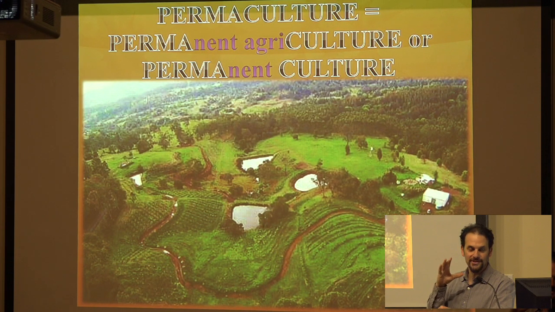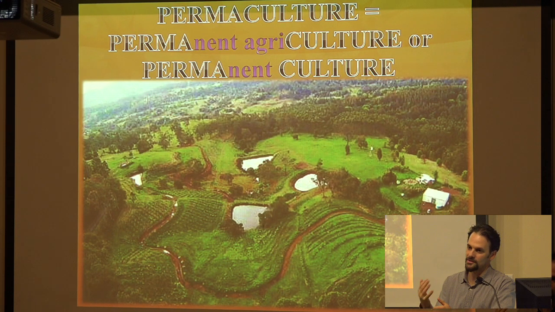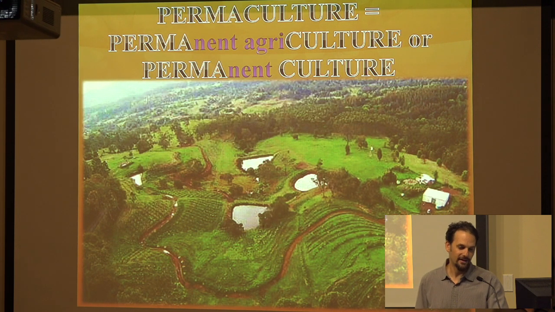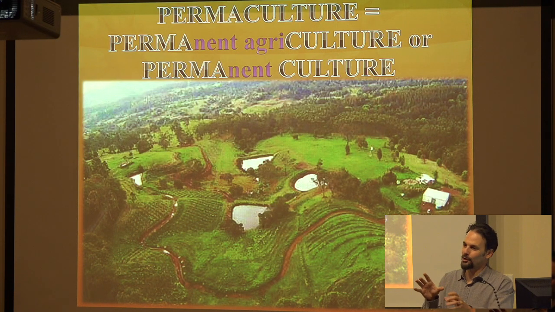So at first, permaculture was seen as a solution to the agricultural issue, the ephemeral nature of an agriculture that depletes its resources by nature of its operation. But as time went on and the permanent agricultural system was developed, it was realized that you couldn't really have a permanent agriculture without having a culture to support it. So it became permanent culture, right?